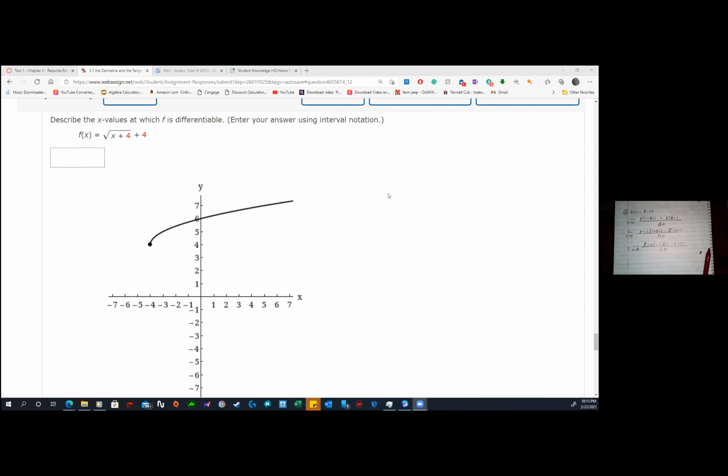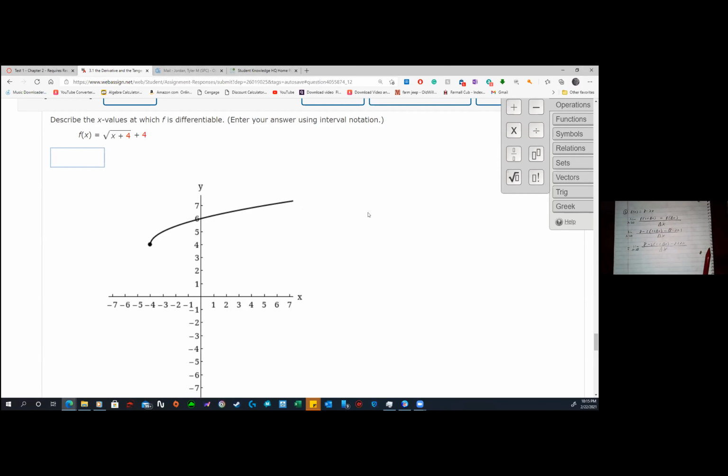The places you cannot take a derivative are usually like a really sharp peak, like literally a triangle spike, or a really strange shape. But these are just basic functions. There's nothing wrong with them. Also, they're continuous and they have no holes. So the fact that it's just a regular smooth function means you can take the derivative anywhere on this function.